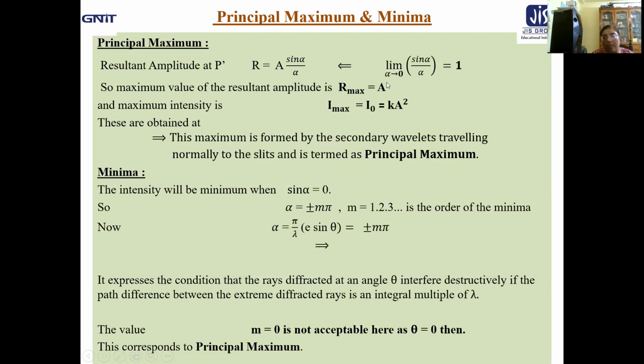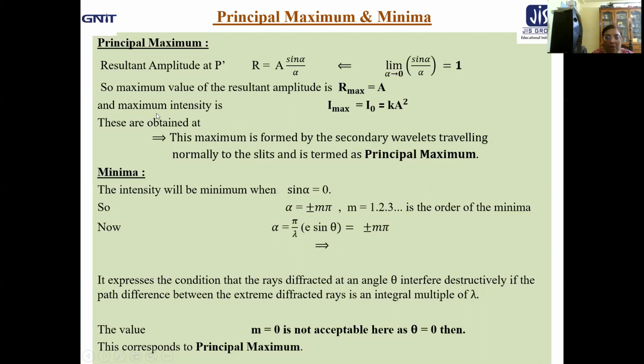There is a very common mathematical limit that sine alpha by alpha, in the limit alpha tends to 0, gives us 1. Okay, that means if you consider this limit, you will get 1 from here. So, maximum value of resultant amplitude is R max equal to A, and maximum intensity is I max equal to I0 equal to K A square.